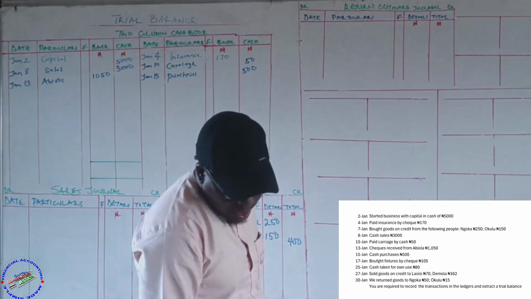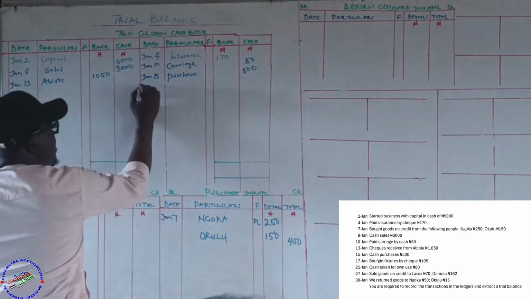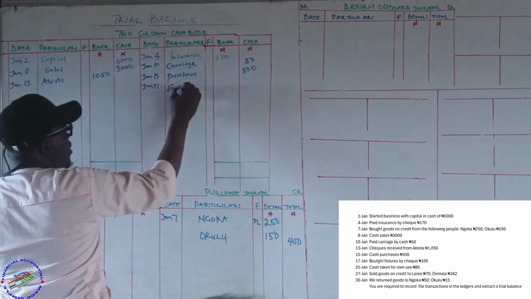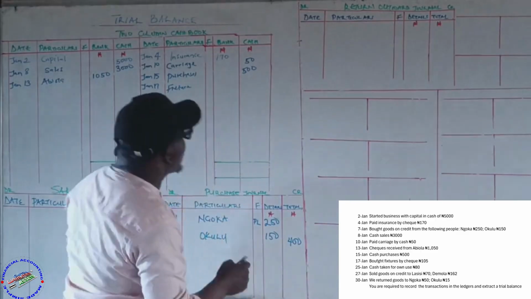January 17, bought fixture by check, 105. So this is another payment. January 17, fixture, that is one they bought by check, and that's how much? That's the 105.